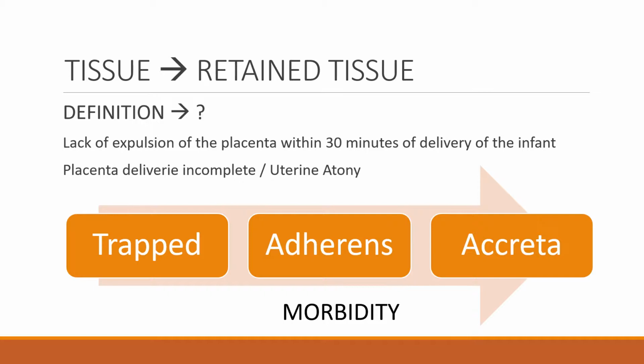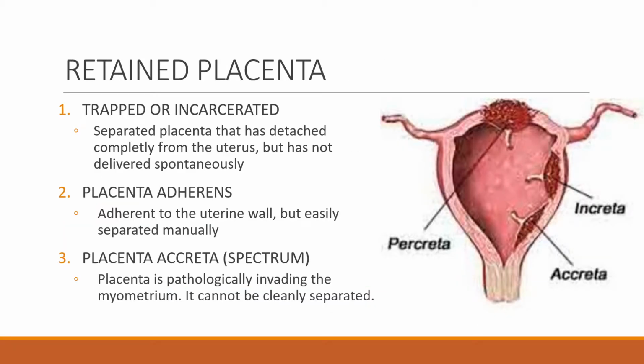We will see that there is a spectrum of retained tissue between trapped and accreta placenta, starting with the trapped placenta, the adherens placenta, and ending with the accreta placenta. This spectrum increases the morbidity from trapped to accreta. So the retained placenta has three main causes in the spectrum.